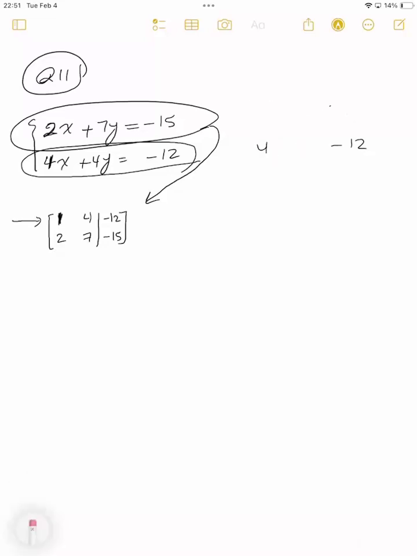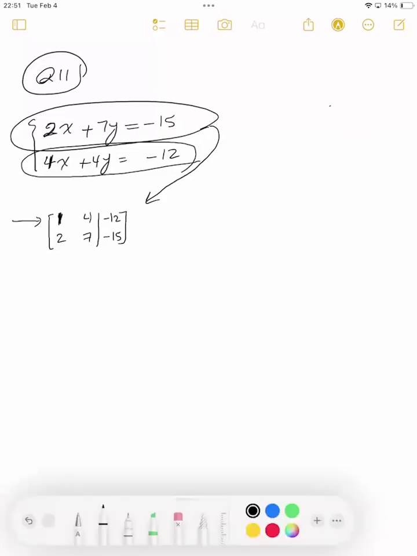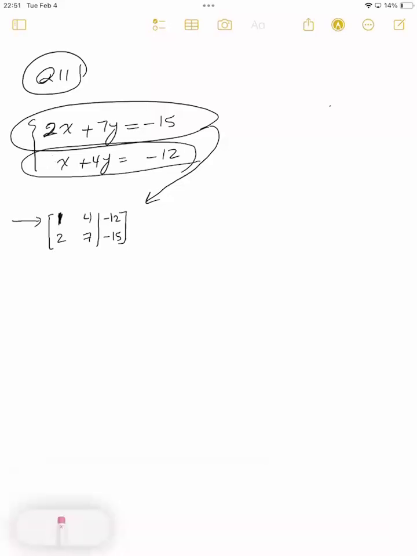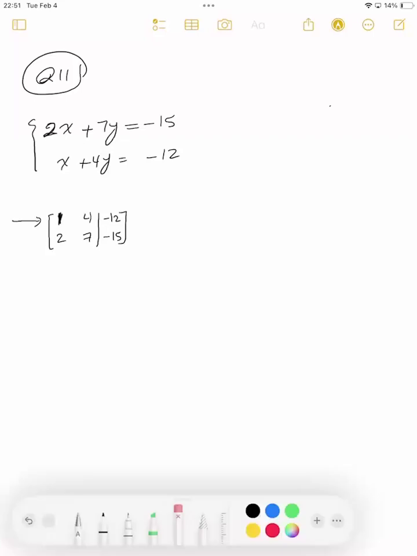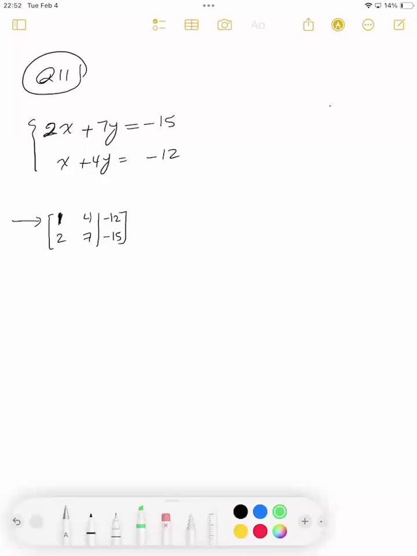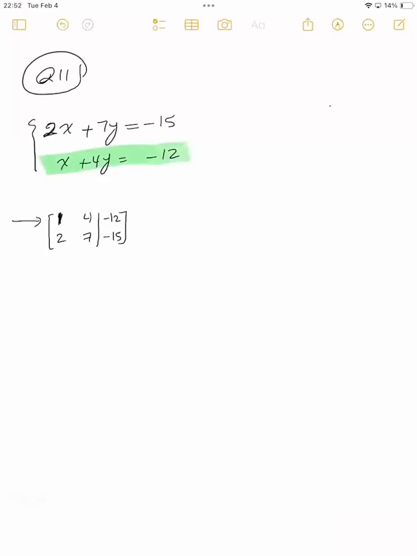But if I do have an equation where one of the x's is 1, like the one we had earlier here, then I should write that equation first because x has a 1 coefficient. Because of the 1, I wrote it first, and then I wrote that one second, and that's totally fine.